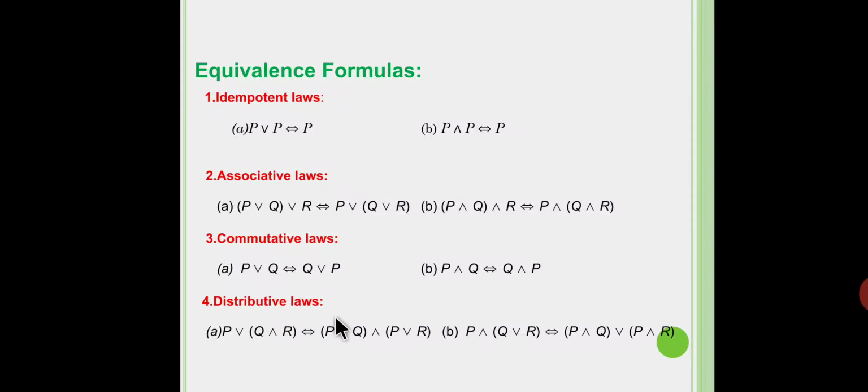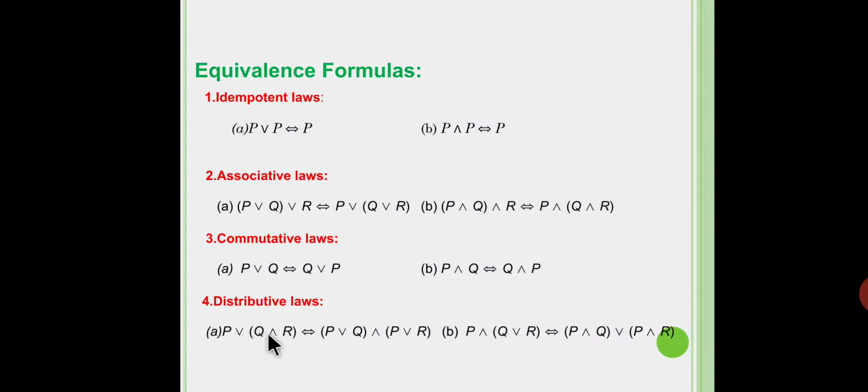Distributive laws. P or (Q and R) distributes along P or Q and P or R. So P and (Q or R) is equivalent to P and Q or P and R. You can also check these with the help of truth tables.